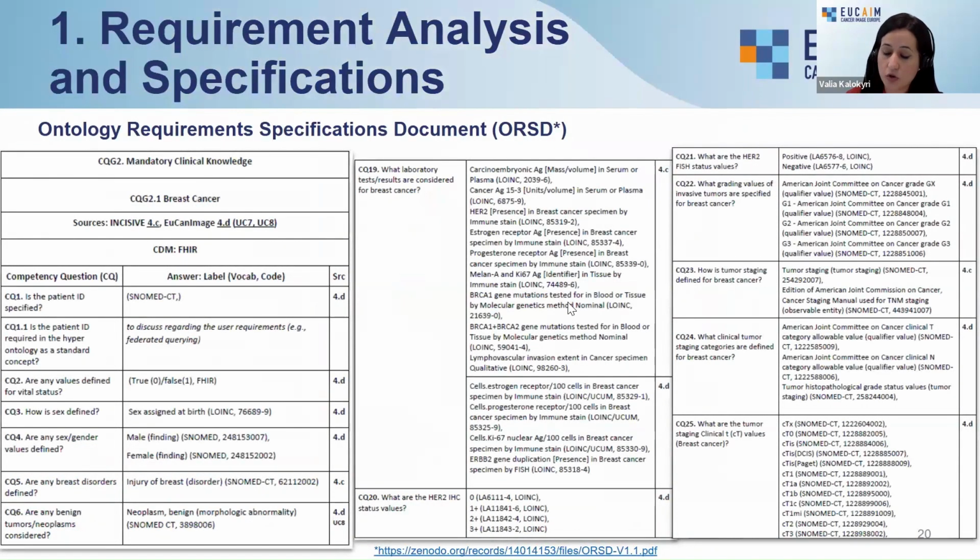So let's see each of the steps I just mentioned in detail. The first thing is the requirement analysis and specifications. What we did here is develop an ontology requirement specification document, which is publicly available on Zenodo.